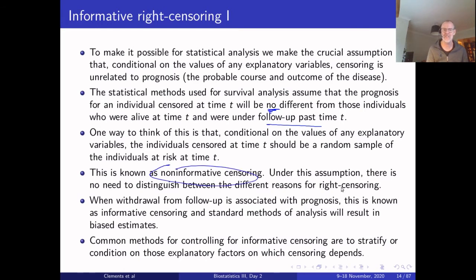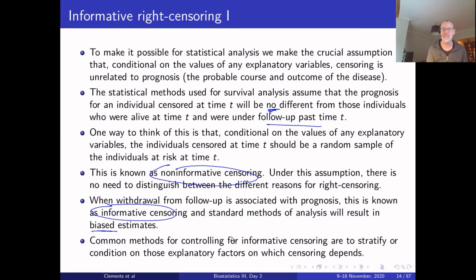Under this assumption, there is no need to further distinguish between the different reasons for right censoring. However, when withdrawal from follow-up is associated with prognosis, this is known as informative censoring, and standard methods of analysis will result in biased estimates.